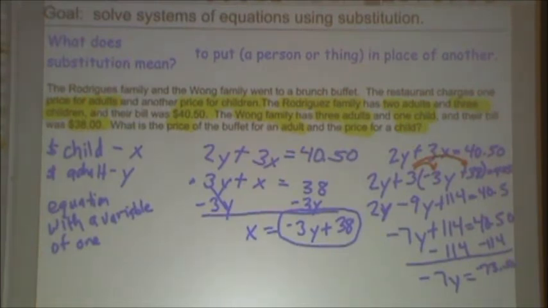Now I want to divide both sides by negative 7. And that becomes 1y equals 10.5. So y is 10.5. So now I have one value for y.